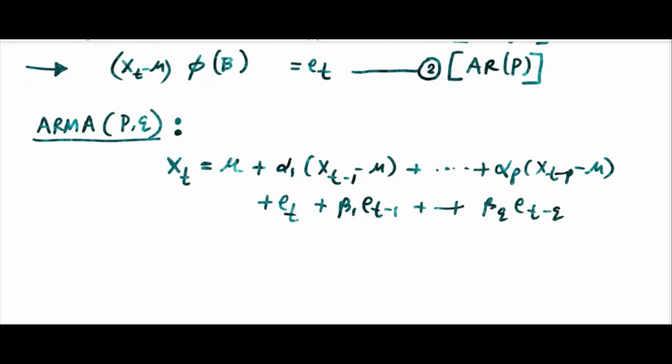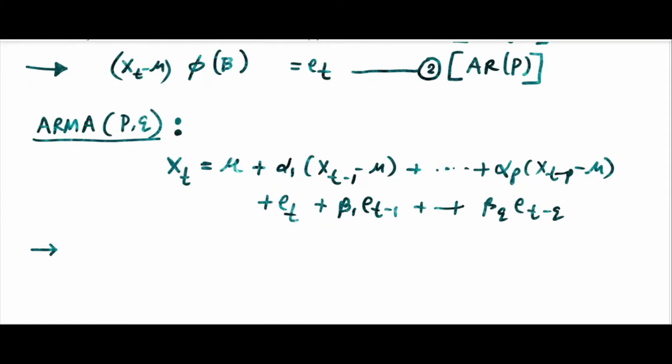This is ARMA(p,q). We have p here, alpha 1, alpha 2, alpha p. These are the parameters of AR(p), and then beta 1, beta 2, beta q. These are the parameters of MA(q). If you combine, you get ARMA(p,q): p from the AR type, and q from the MA type.